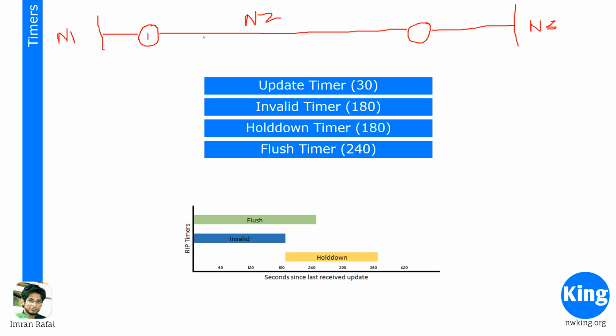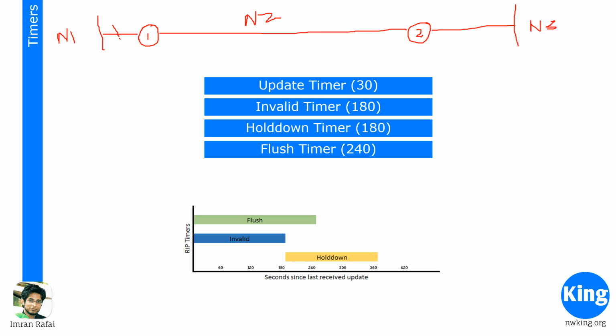Now router 1 tells router 2 that I know network 1 and network 2, so it sends the update. And router 2 tells router 1 that I know network 3 and network 2. Fine. So every 30 seconds, these both will exchange their routing tables.